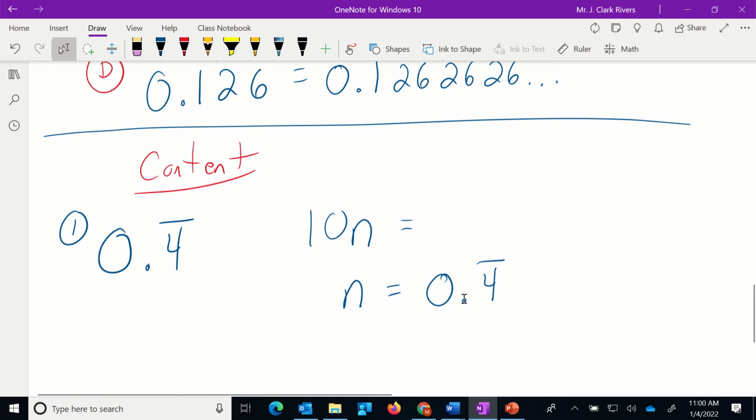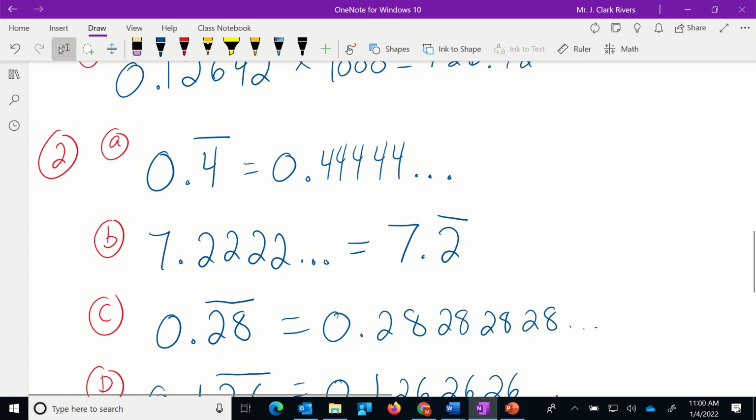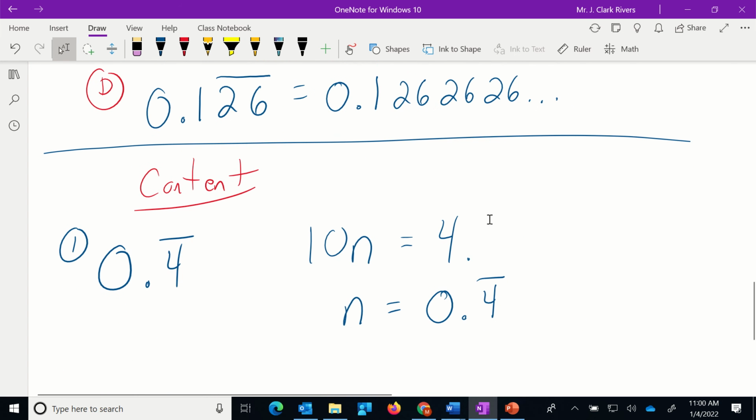So if we move this 1 spot to the right, what's now in the 1 spot? 4, right? If we're sliding this decimal to the right, we now have a 4 in the 1 spot. Everybody good with that? Now, remember, this is 0.4 repeating forever. So what is to the right of our decimal here?